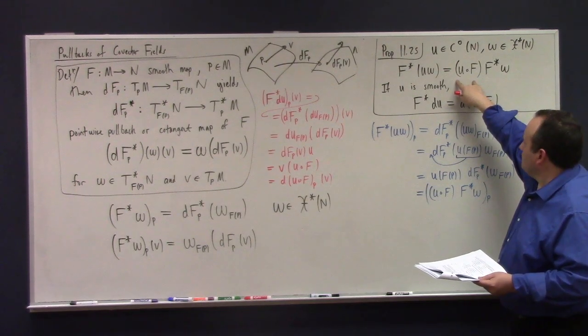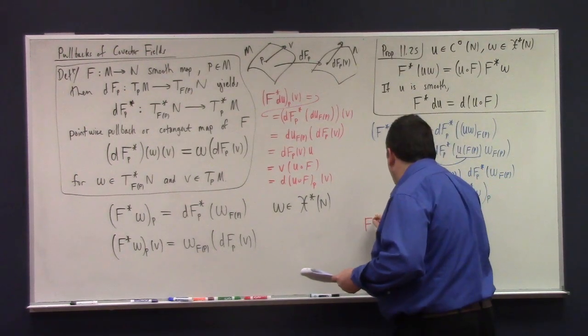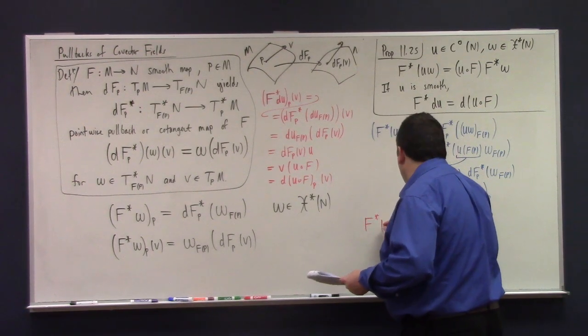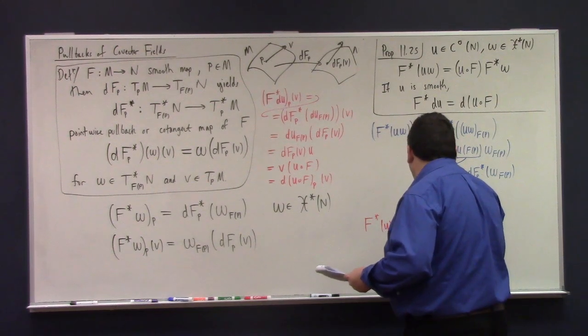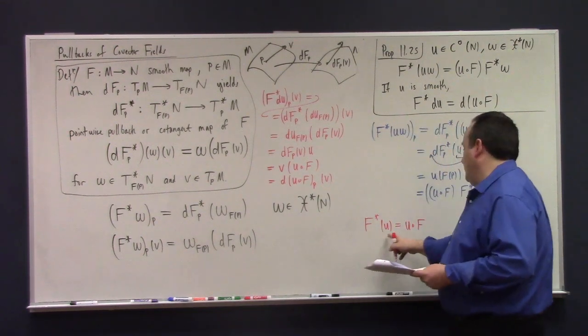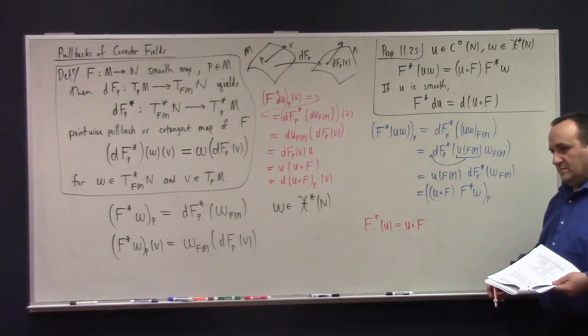Some people would say something like this: f pullback u is equal to u composed with f. The pullback of the function is a new function formed by composition.